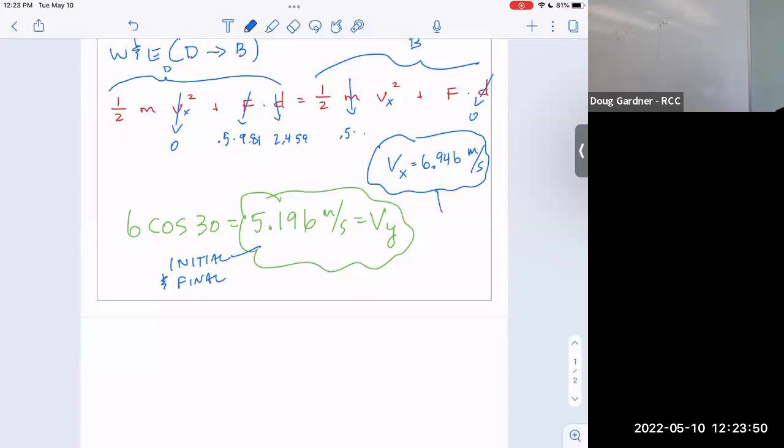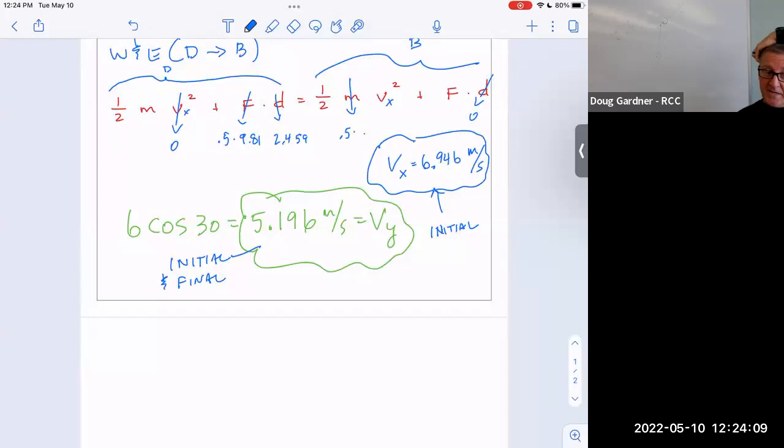But what is this one? Well, it all depends. This is actually initial. Do you understand that? This is like right as it hits the ground. But then it's going to bounce off the ground and it's going to get less. So wouldn't our initial be on D?